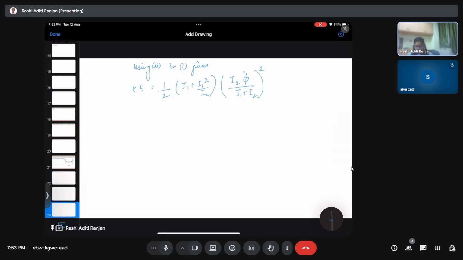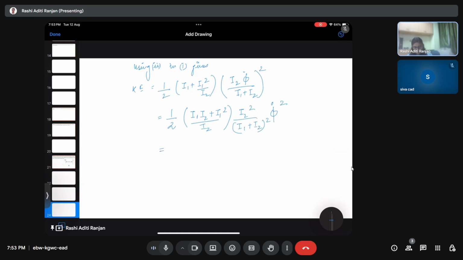Whole square. This will turn out to be half I1 I2 plus I1 square by I2 into I2 square by I1 plus I2 square phi dot square.